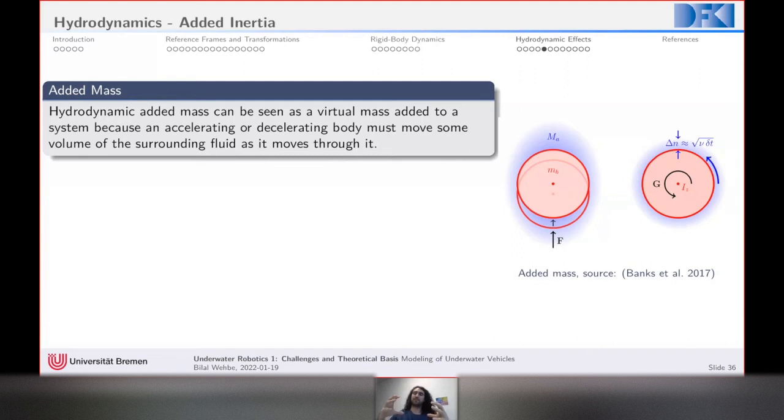So basically, imagine that I take a body and I want to accelerate it, so I just give it an impulse. Imagine that there's a body and you just kick it. You take a hammer and hit it, and it's within the water.